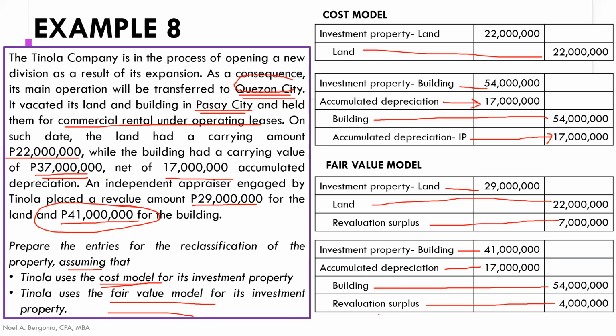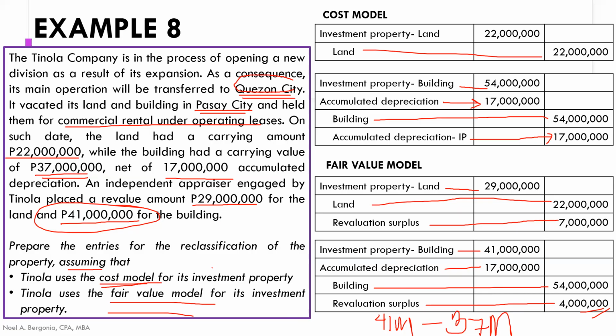Yung fair value na 41 million at the date of change in use minus the carrying value of the building na 37 million. So that would be your 4 million pesos. So again, if you do have questions, please let me know lang po. So that's again example number 8 about the transfer or reclassification.